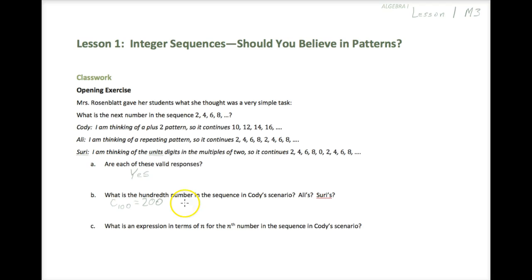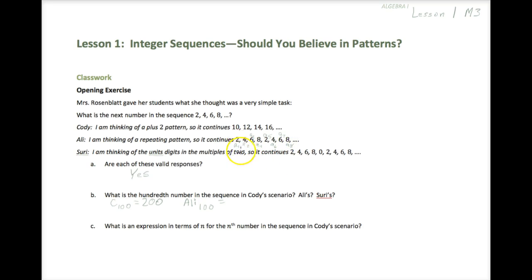All right, Allie. So we want to know now what is the 100th term in Allie's sequence. Well, let's see here. Allie's sequence goes this way. A1, A2, so we don't get confused, A3, A4, A5, A6, A7, A8.